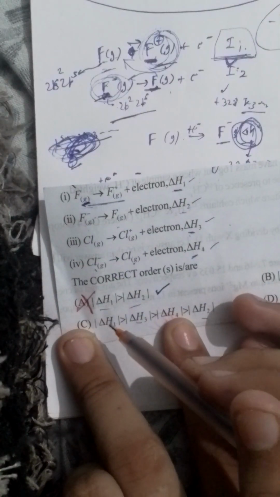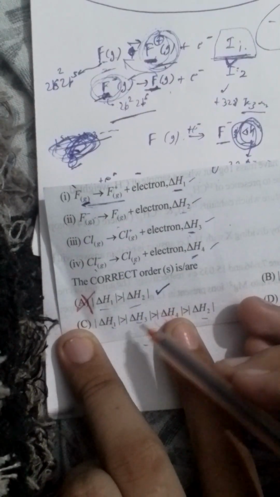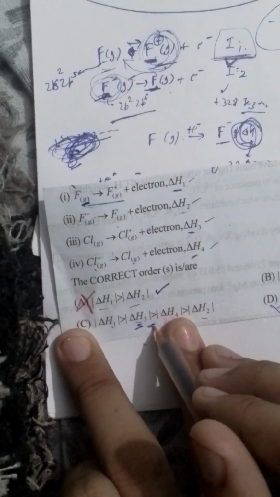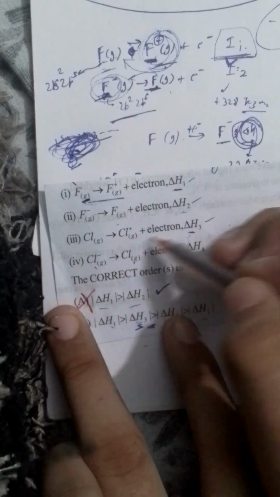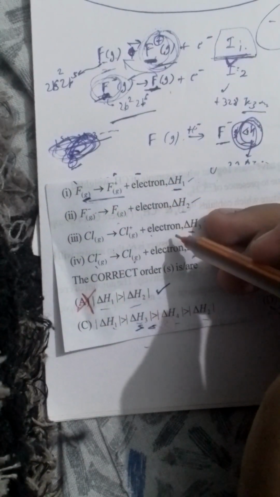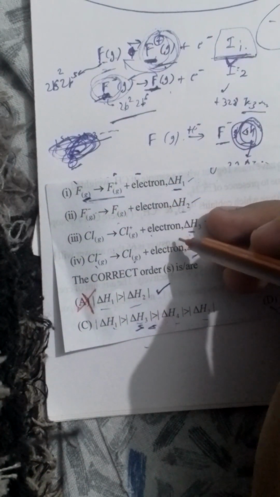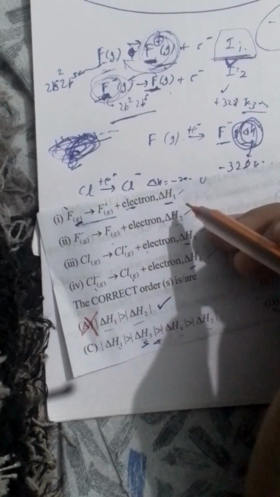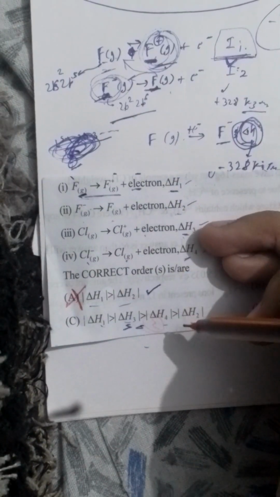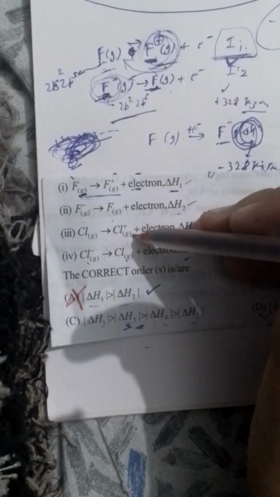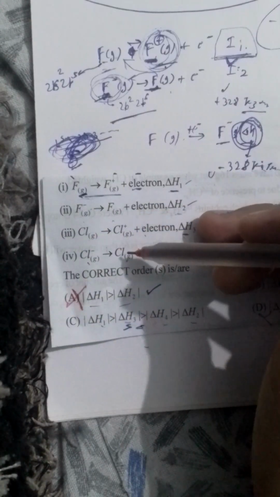So option C says ΔH1 greater than ΔH3. Okay, they are saying ΔH3 is greater than ΔH4. This is ΔH3 is greater than ΔH4. Okay, we will use the same thing that we use for this, and what we will try is that again chlorine to chlorine plus we are going, chlorine minus to chlorine we are going.